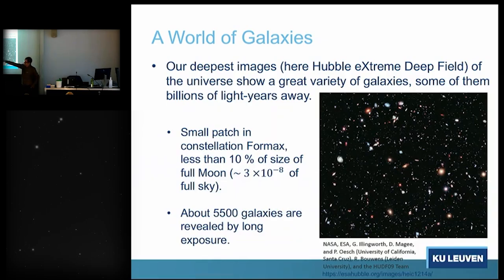You just take a very long exposure, stare at this with your telescope, and this patch, if you just looked at it, would appear very dark. But the longer you expose, more and more galaxies start to appear. To the extent that in this case, we have about 5,500 individual galaxies in this small portion.